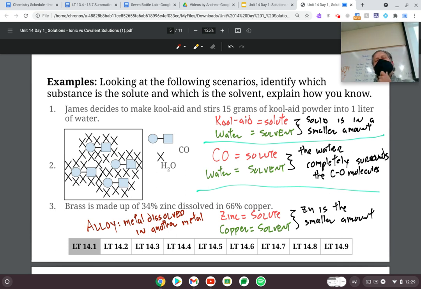A lot of times the reason we make alloys in the first place is simply because the two metals by themselves are not as strong as the metals combined. So iron is really pretty strong, but steel is even stronger because it's a combination of a bunch of different metals. So, questions about this so far?